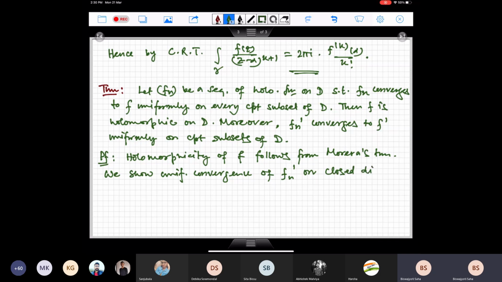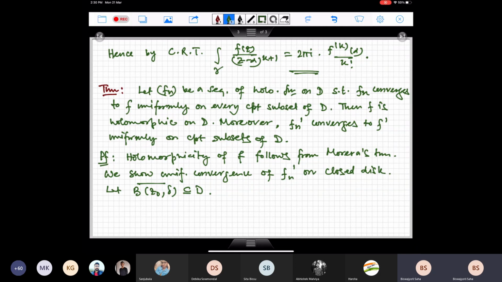If I have uniform convergence on a closed disk, then I will also have it on the open disk. Let the closed disk B(z naught, delta) bar be a subset of D. I have to show the uniform convergence on these disks.